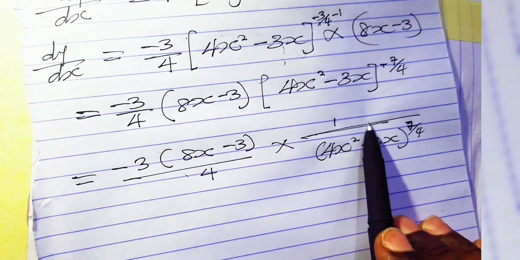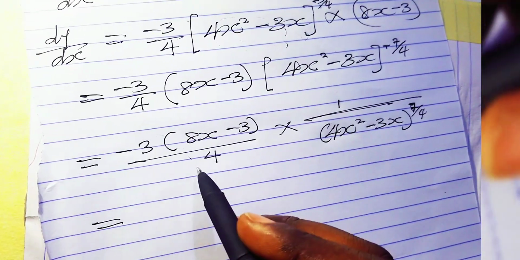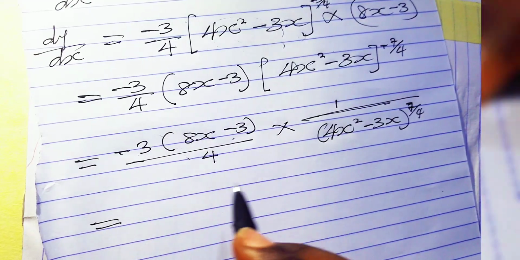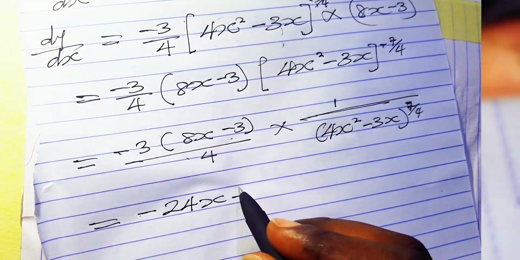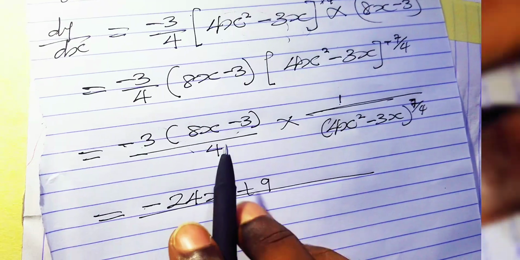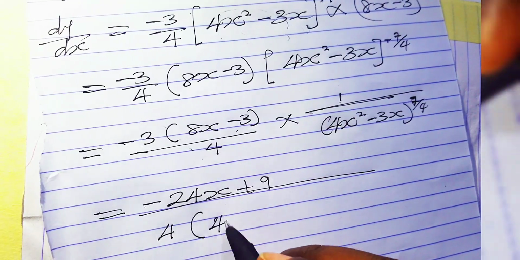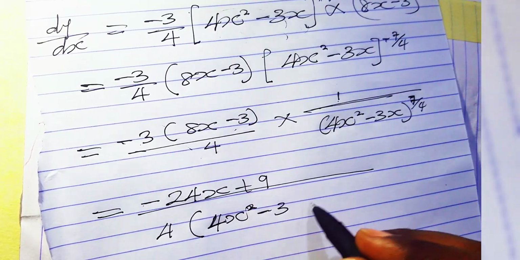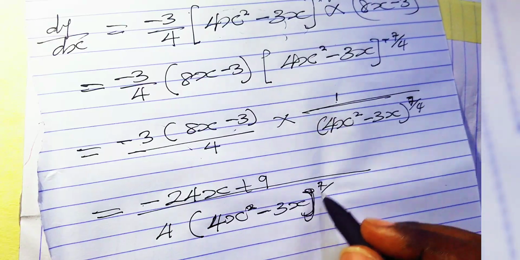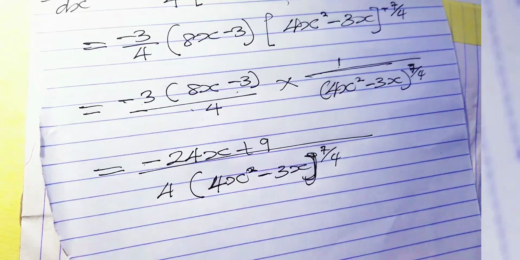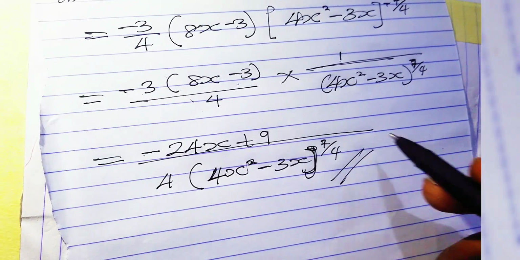Of course, we can use this 3 to open up the bracket, so this becomes minus 24x plus 9 over 4 times the bracket 4x squared minus 3x raised to the power of 7 over 4. Basically this is the answer to this kind of question.